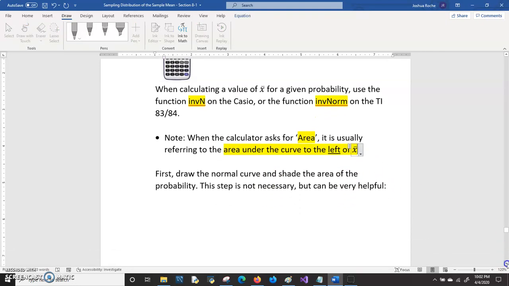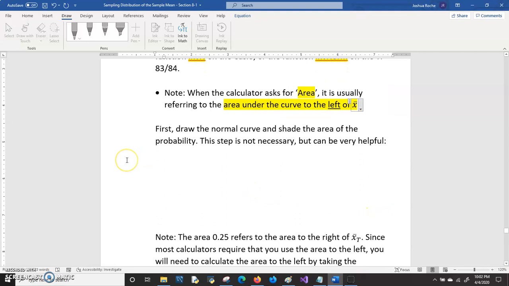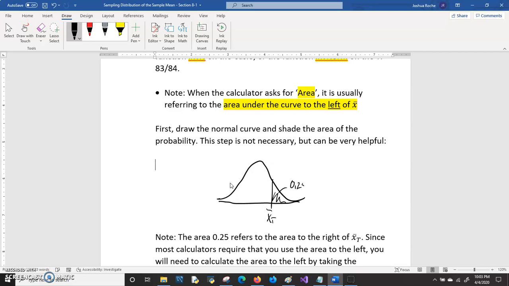So if we were doing this problem from scratch, it helps to draw out the curve. So this is the information that we have.